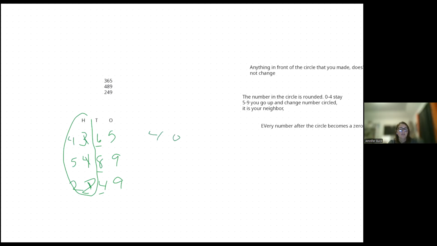This is 500. This is 200. The only thing I have to do now is add, and that's a lot easier when I just have zeros. 4, 5, 6, 7, 8, 9, 10, 11. My estimate is 1,100 pies.